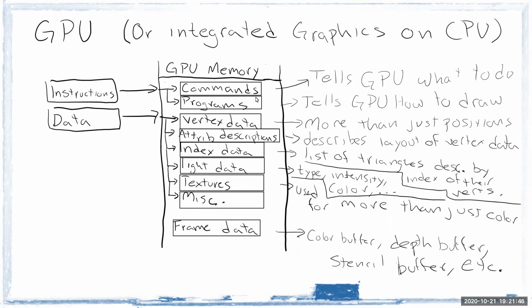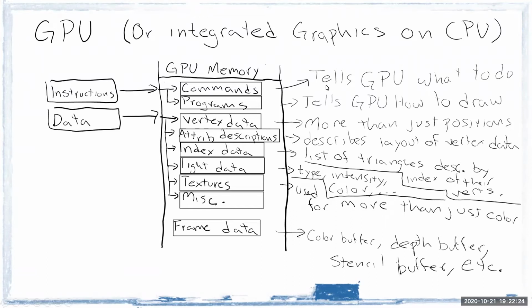So more specifically, this is a layout of what we put into GPU memory before we tell it to render things. We give it a set of instructions, and we give it a set of data. The instructions can be split into two categories: commands and programs. Commands tell the GPU what to do in a way.